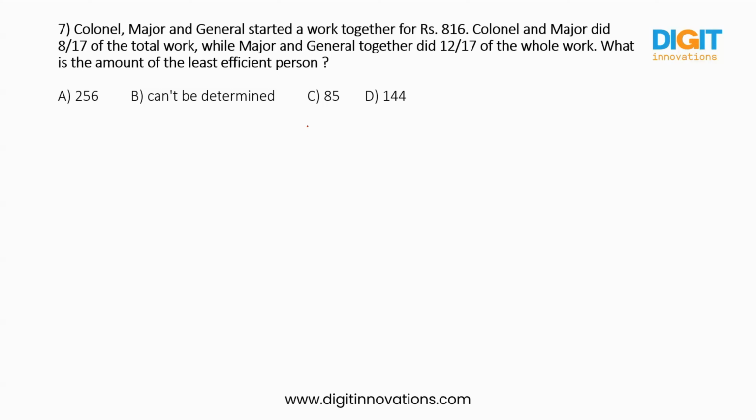So let us think. First, we have to find the total work, right? So total work would be 17 units. When you calculate this, you will get it.